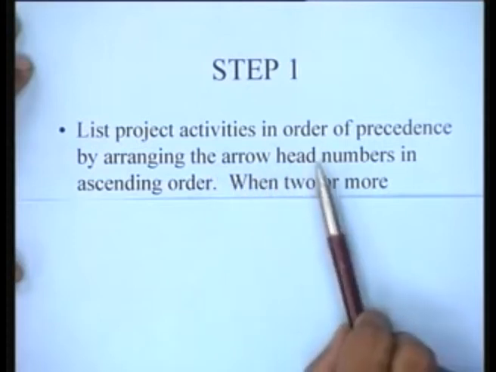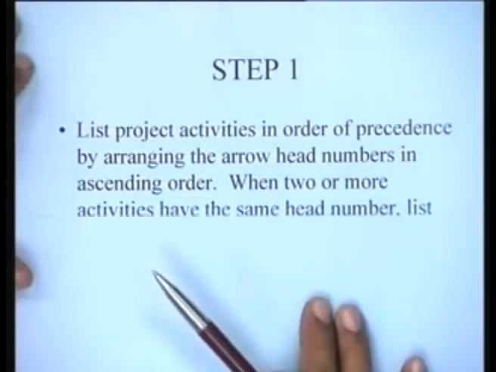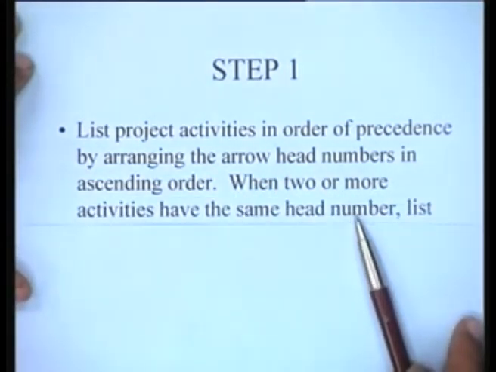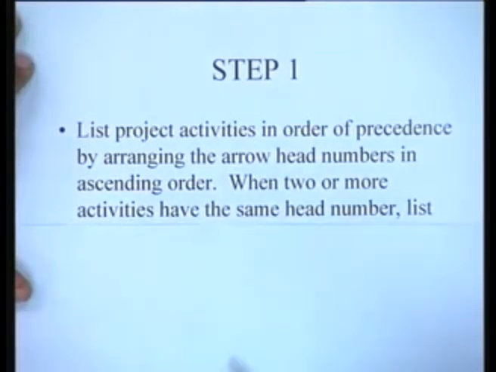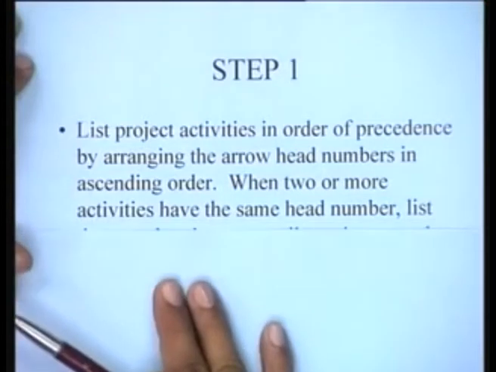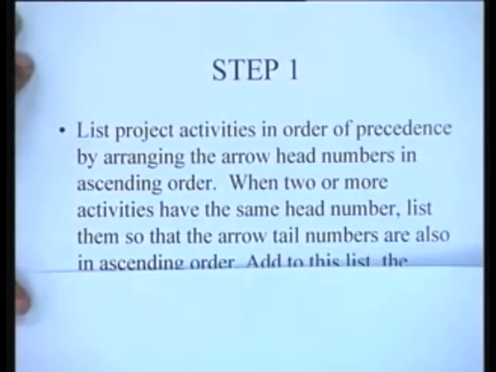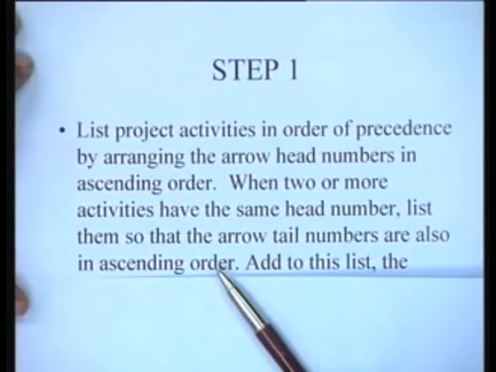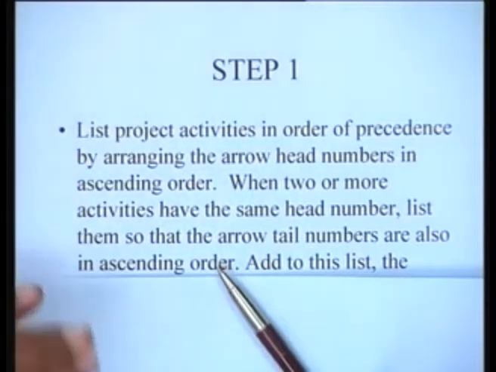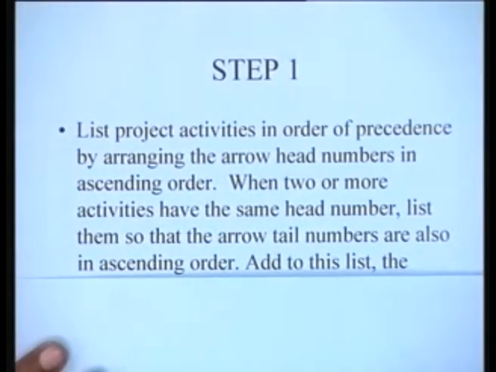So you arrange the activities by arrowhead number, and when two or more activities have the same head number, that means when there are a number of activities culminating into the same node, then list them so that the arrow tail numbers are also in ascending order. So basically, by following this numbering scheme, you have in fact a unique listing of the jobs for a given node numbering scheme. Of course, if you change the node numbering scheme, you will have a different order, right?